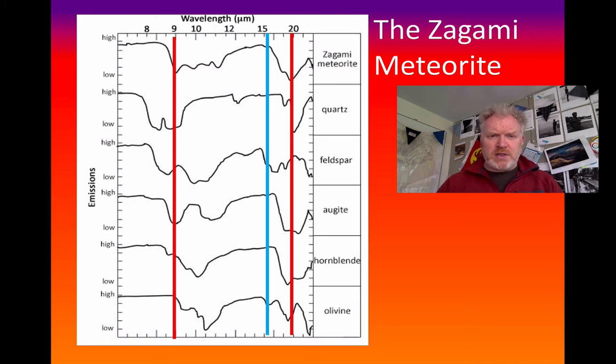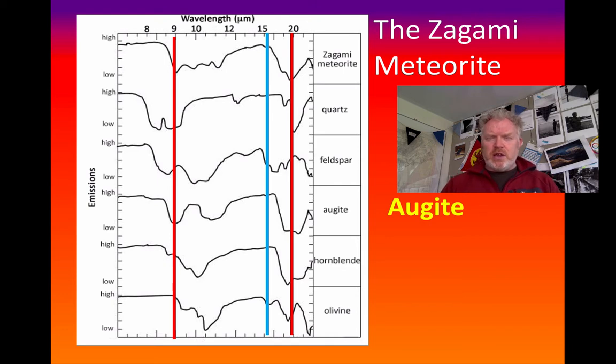Now when I look at this, I see a really good match with one mineral in particular, and that's augite. You can see the low points of the Zagami meteorite match the low points of the augite curve. That clearly is going to be the mineral that makes up the bulk of that meteorite. But it's not a perfect match.